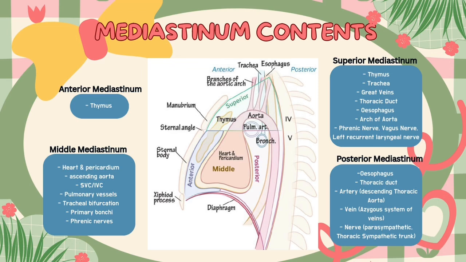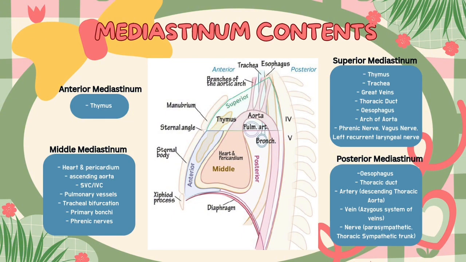As a person ages, the thymus gradually becomes smaller and is replaced by fatty tissue. Although this space contains fewer structures, diseases such as thymoma can arise here and cause compression of nearby organs.